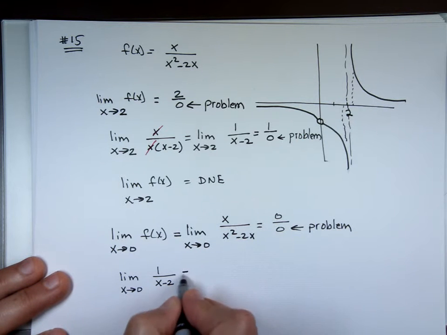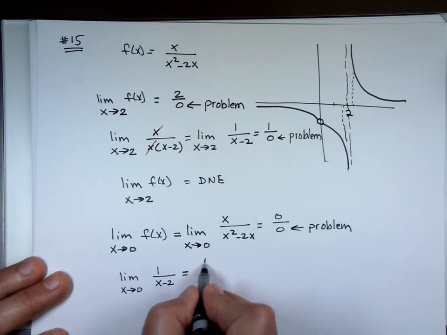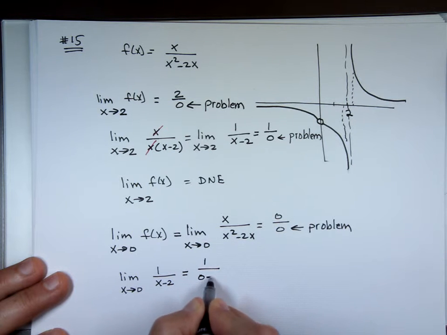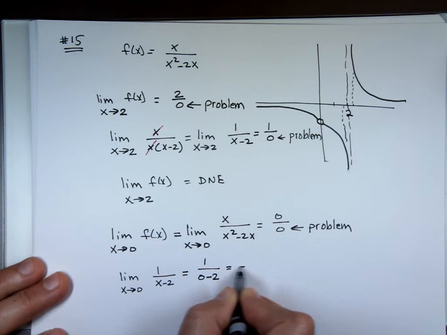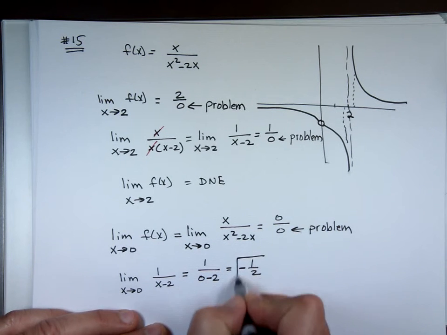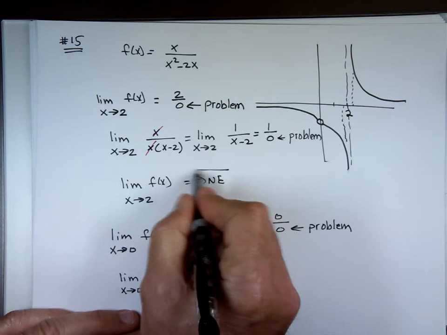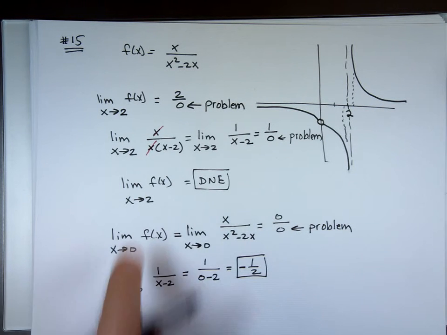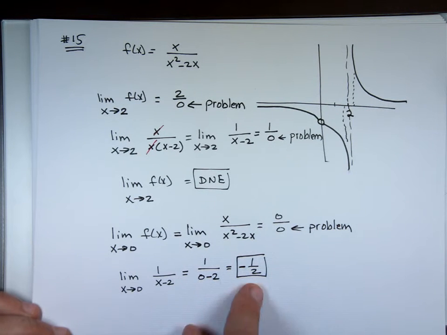What are you going to have with direct substitution? 1 over 0 minus the 2, which is what? Negative 1/2. And if I looked at my picture closely, you probably see a negative 1/2 there. So DNE as x approaches the 2, negative 1/2 as x approaches 0.